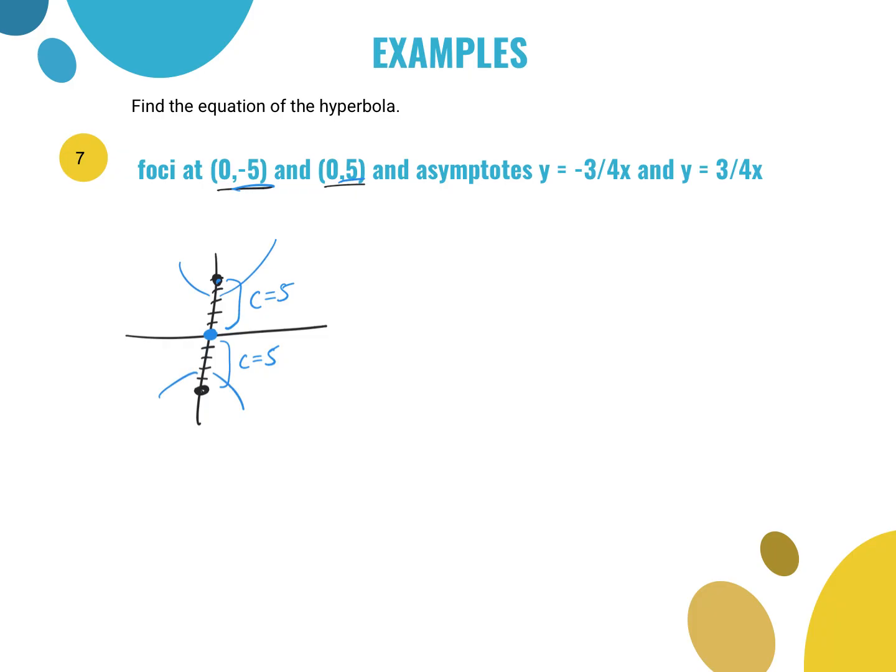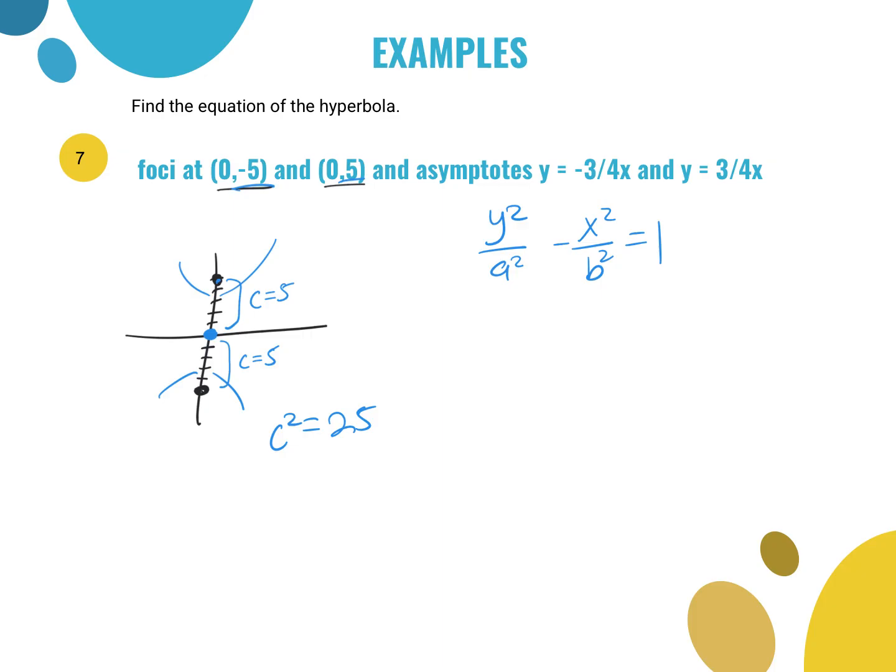I don't know exactly where it's going to hit the y-axis, but we do know that it's a y squared hyperbola. So that means I'm going to have y squared over a squared minus x squared over b squared equals 1, all right? So if I have c equal to 5, that would make c squared 25.